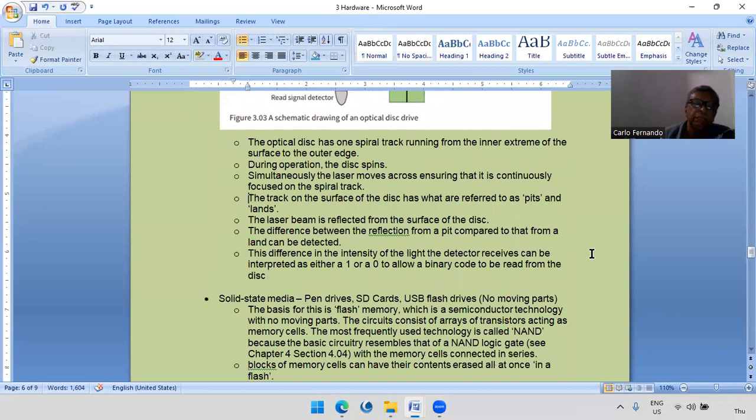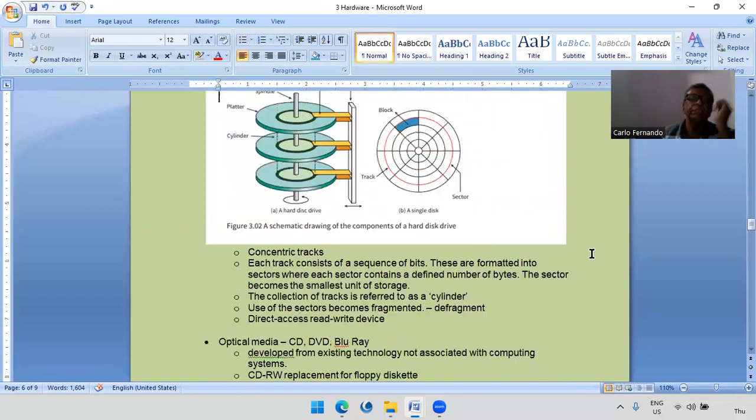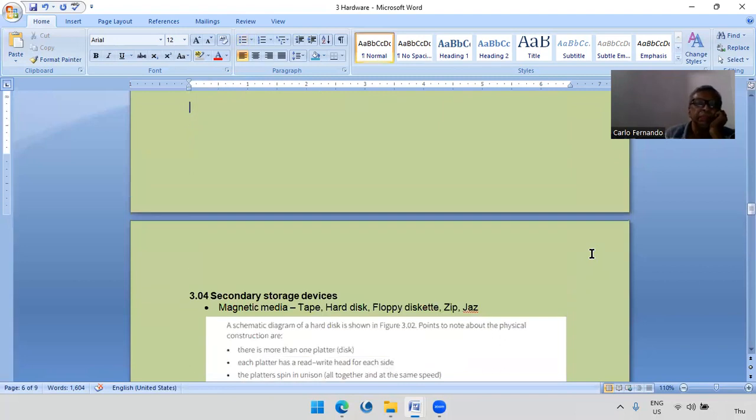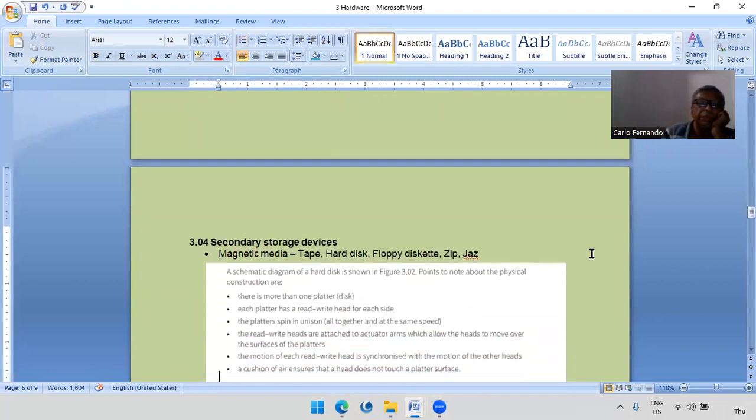So these are the 3 types. First, magnetic media: magnetic tape, magnetic hard disk, magnetic floppy disks, all these are magnetic. Zip and jazz are not popular. They were there only for a very short time, the zip disk and jazz disk.